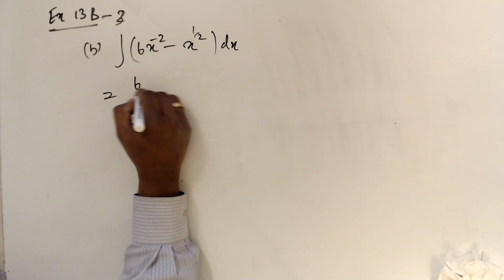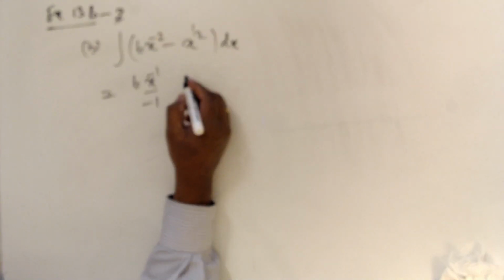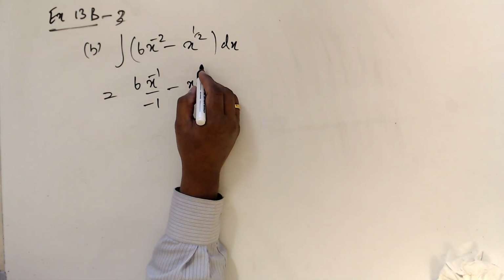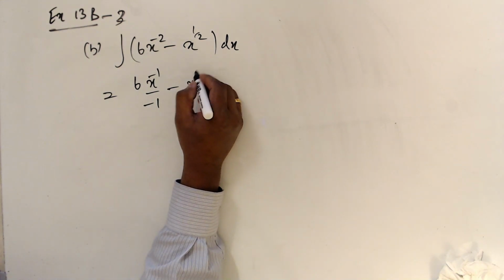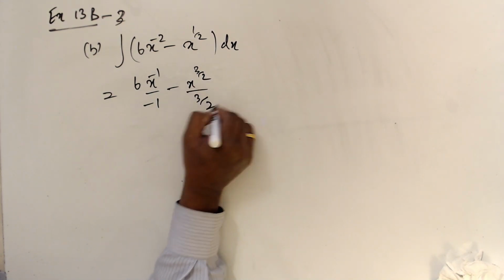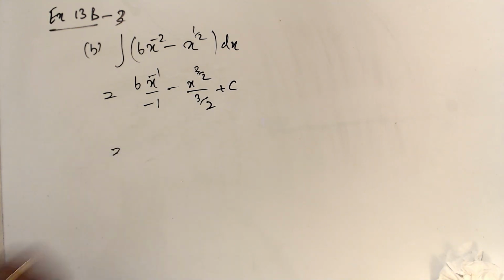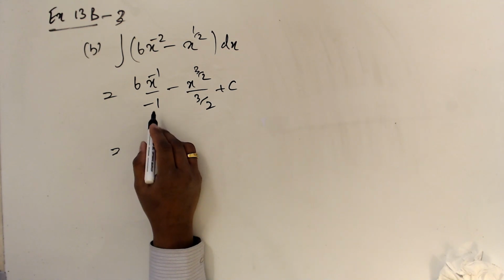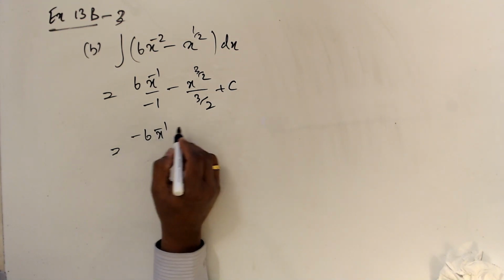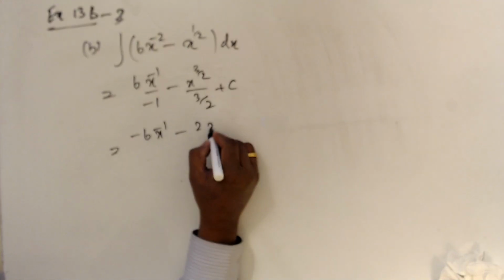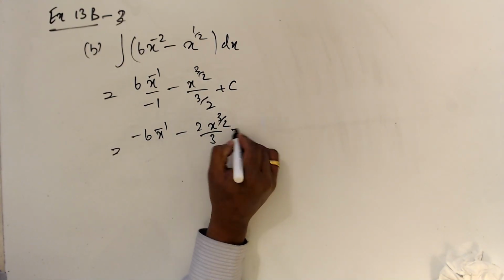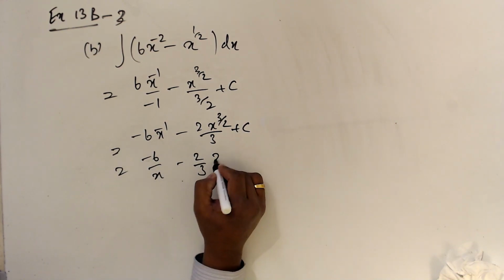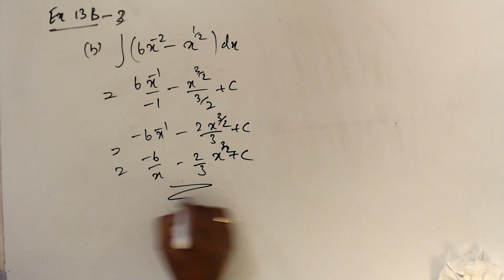This is 6x^(-1) over -1 plus x^(3/2) plus 1, 3 over 2 plus 1. So just add 1, we get 2. So this is going to be minus 6x^(-1) over 2x^(3/2) over 3 plus c, minus 6 over x, 2 over 3 x^(3/2) plus c.